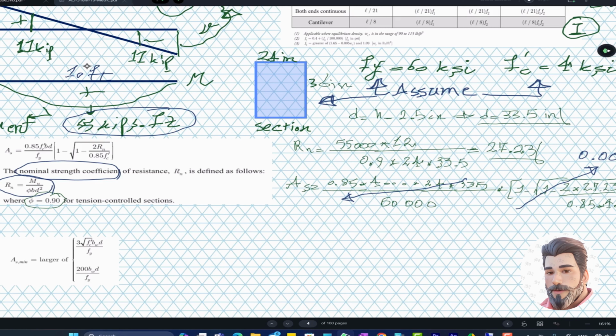On the other hand, we choose the value that is greater than the other value.